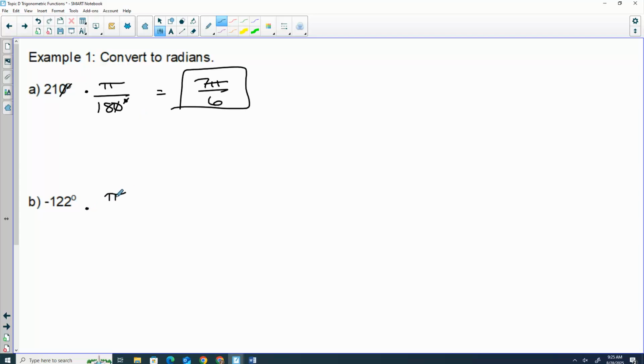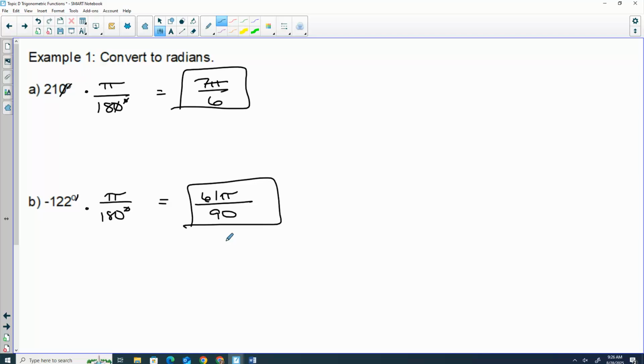We multiply by pi over 180. What does 122 over 180 reduce to? Radians, remember, don't have to have a pi with them, but a lot of times they do. All right, so can we convert into radians?